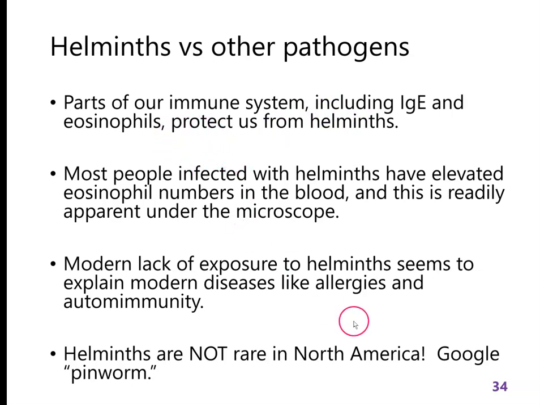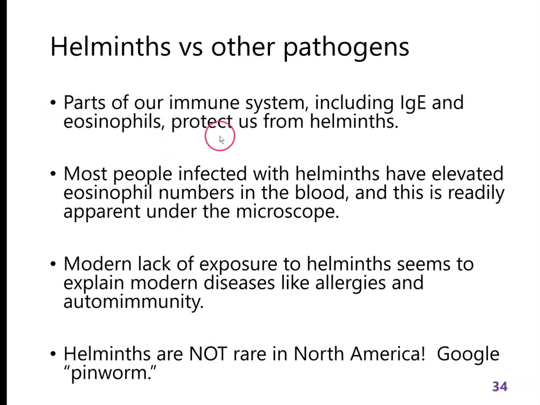Helminths are common everywhere in the world, but in many cases, if we don't have a lot of exposure to soil or water outside, we don't have a lot of exposure to helminths. So they seem rare if we live in big apartment buildings and don't go outside. But yeah, if you have a kid who plays in dirt and eats dirt, sooner or later they're probably going to get a helminth, like pinworm. Google that. It's entertaining and horrific at the same time.